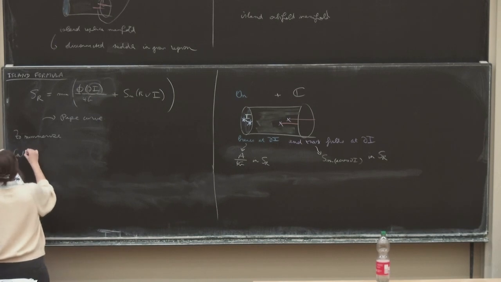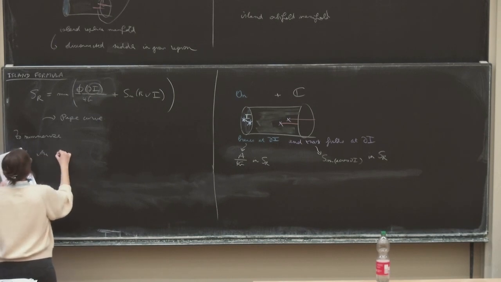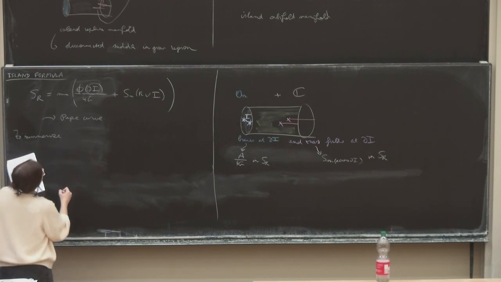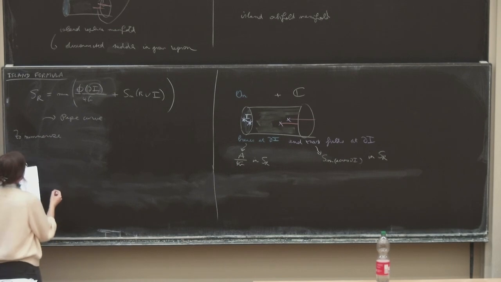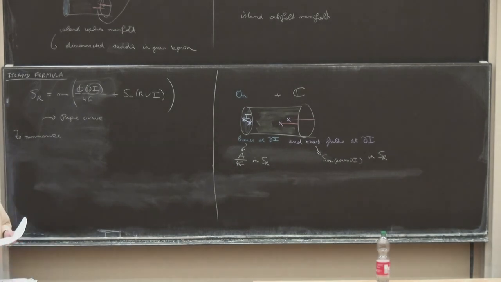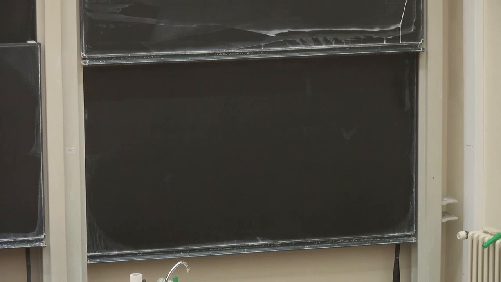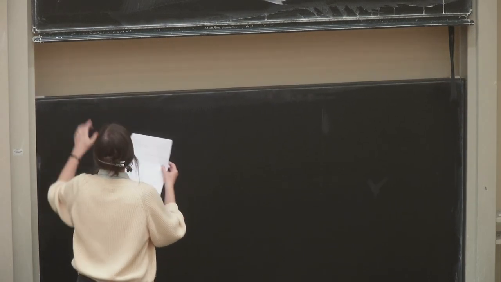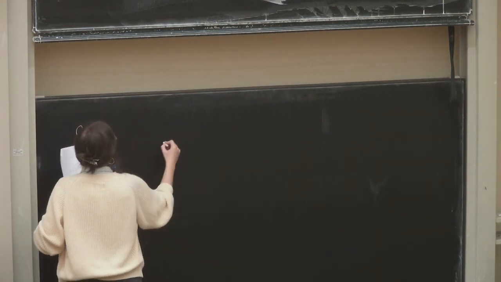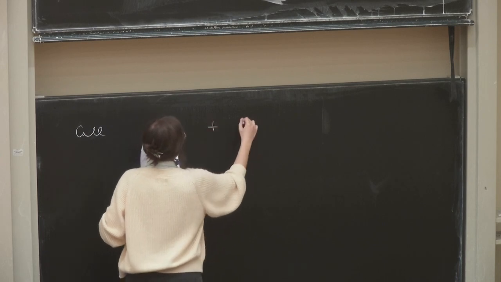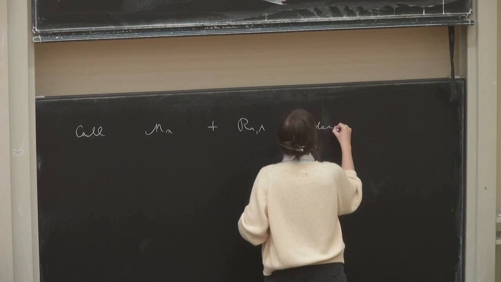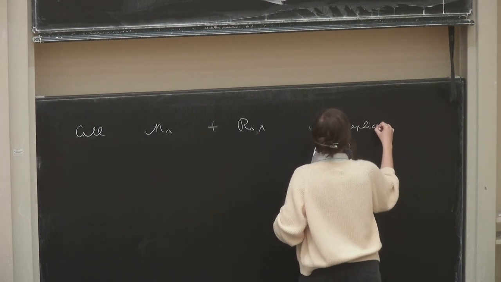So we called M_n plus R_n, the whole thing together, we called the island replica manifold.